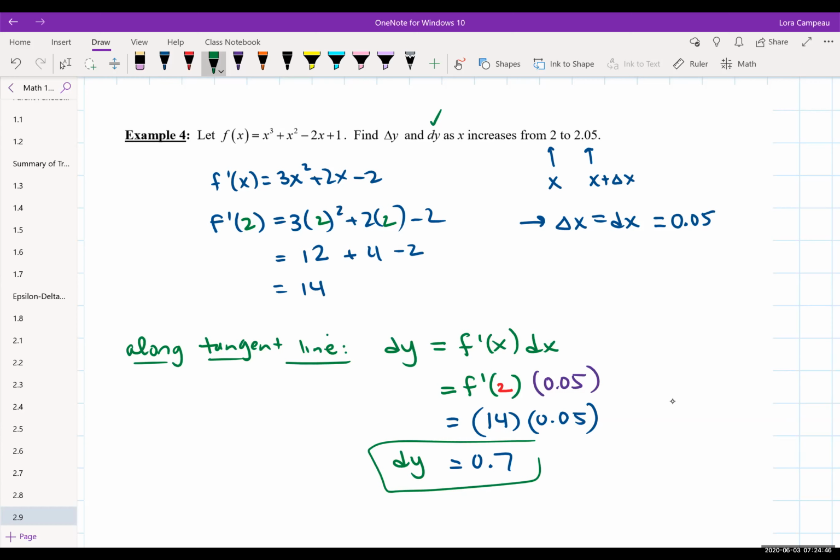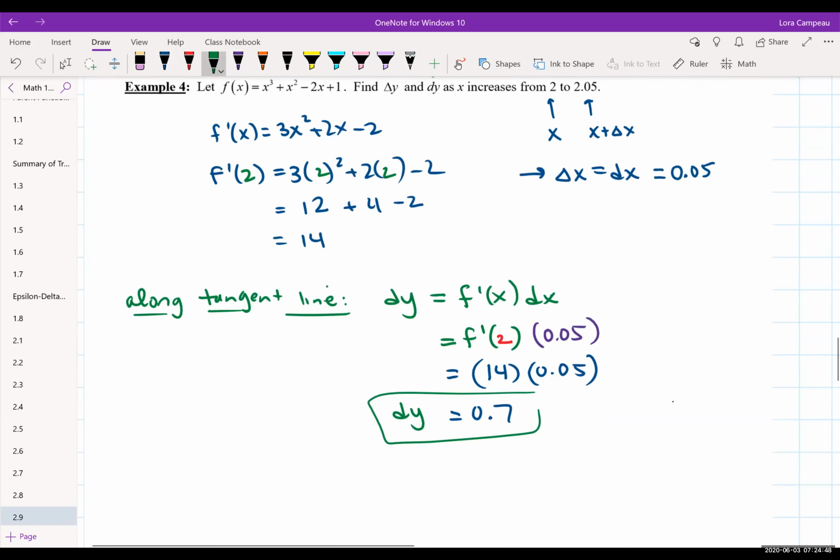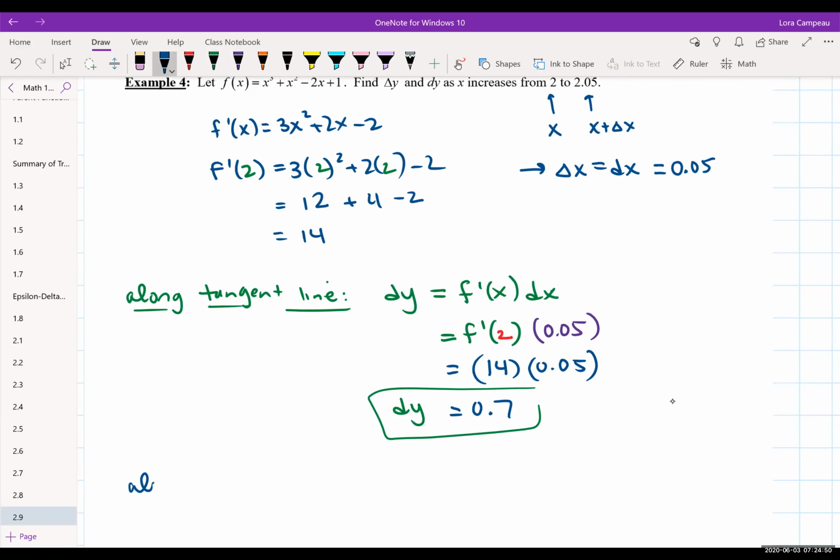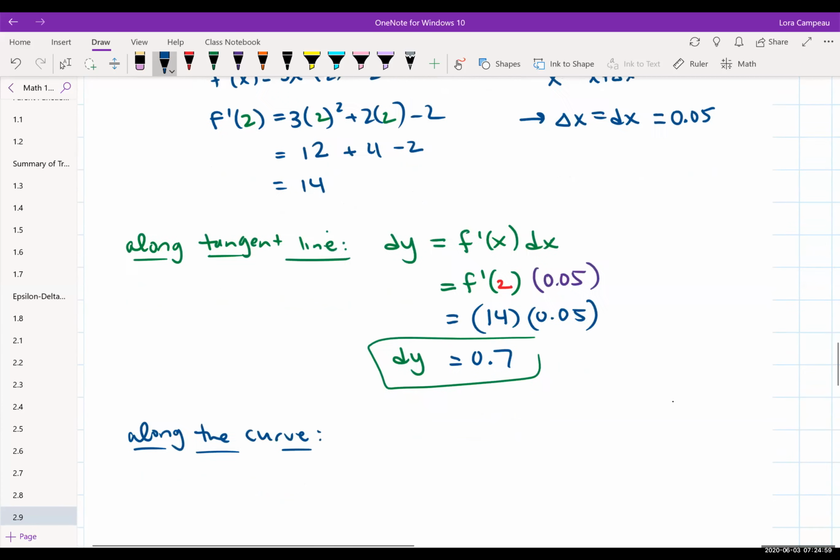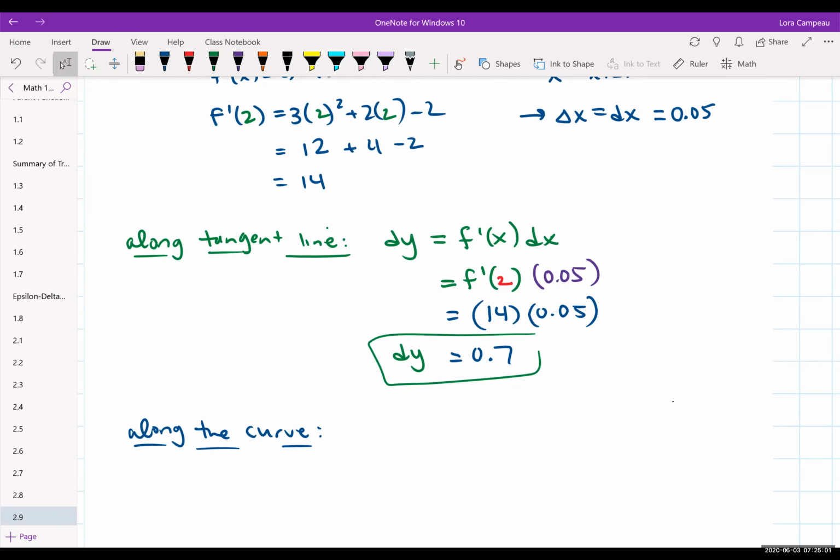Now let's talk about what's happening along the curve. That tends to be a little more confusing, because curves are, of course, more complicated than lines. I get it. Along the curve, what they're trying to talk about is what's happening at delta y. Let's write this a little prettier.